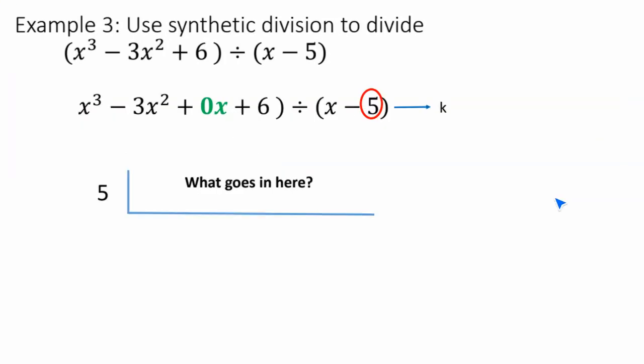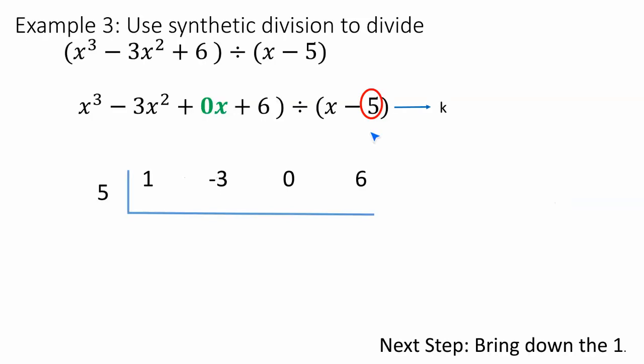And now we're going to put our dividend in. So again, we were missing an x value, so we're going to go ahead and put a 0 for that one. So we have 1, minus 3, 0, and 6. So again, our first step is bringing down the 1.